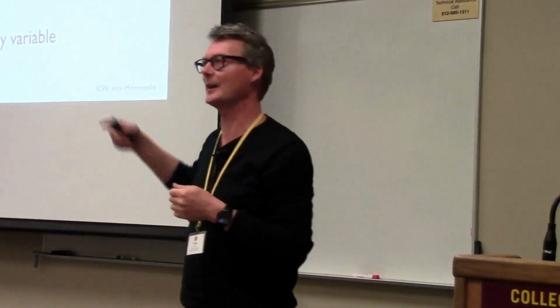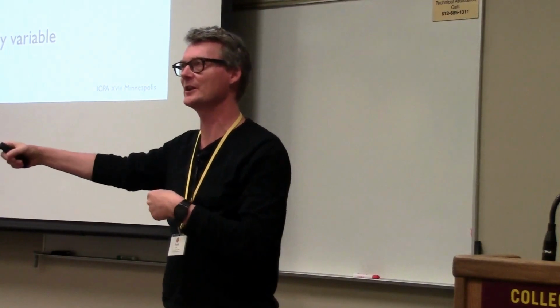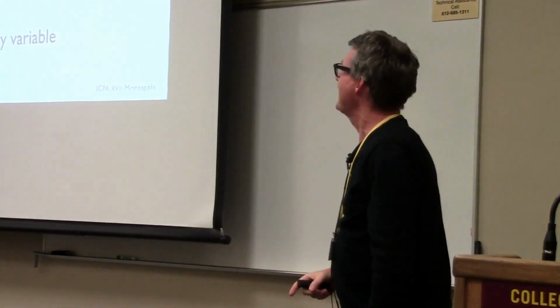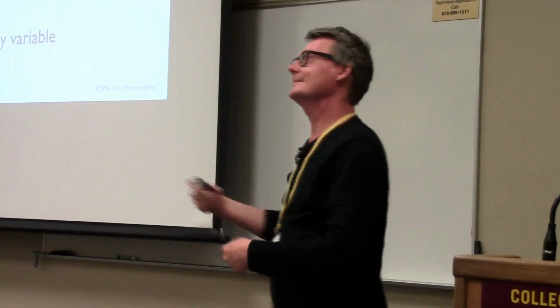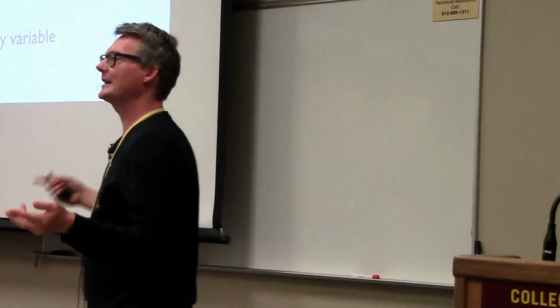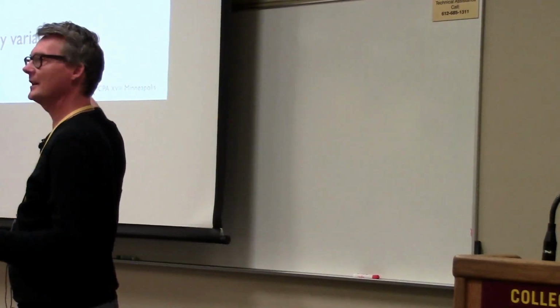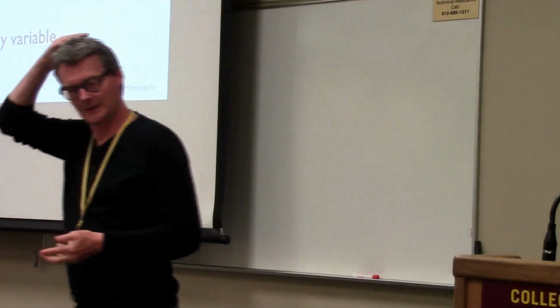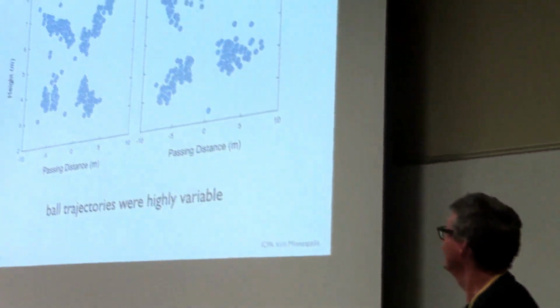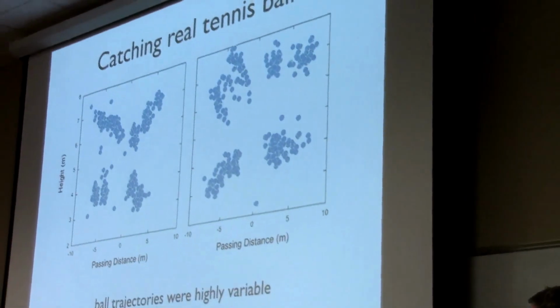They don't always end up at 2 meters or 4 meters and fly 6 meters or 8 meters. No, they fly all over the place. So from the idea of trying to understand how people catch fly balls, this is nice. But from the perspective of analyzing these things, it was a problem.